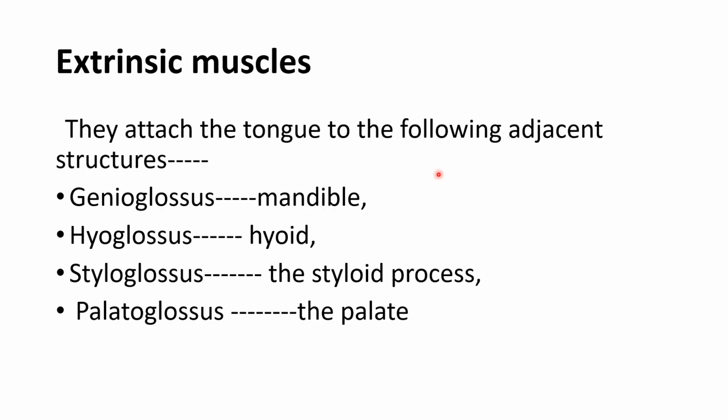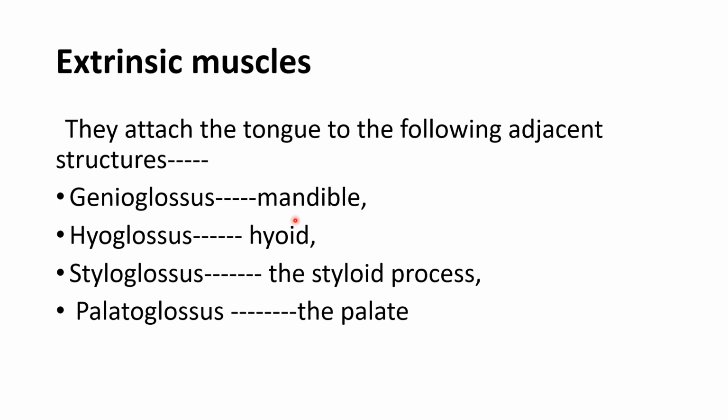Now, what are the extrinsic muscles? What are the names and where do they connect? So the extrinsic muscles are genioglossus, and everywhere you will see glossus. Glossus is used as a prefix for tongue. Glossus means pertaining to the tongue.